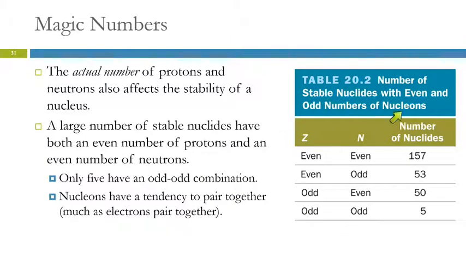And so this table is showing us the number of stable nuclides. Even protons and even neutrons, 157. Even protons, odd neutrons, 53. Odd protons, even neutrons, 50. And odd for both, there's only 5. That's one of those things that I wonder, who sat down and figured that out?